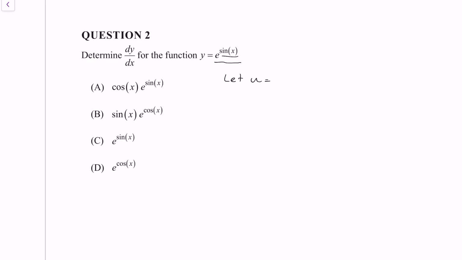In this case that would be sine x, because if we let u equal sine x, then we convert this into e to the u, which is much more simplified to derive.